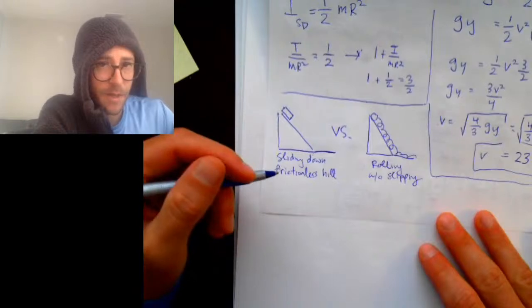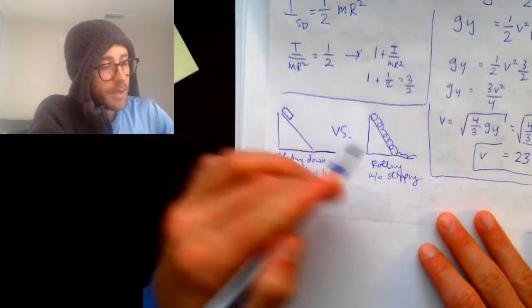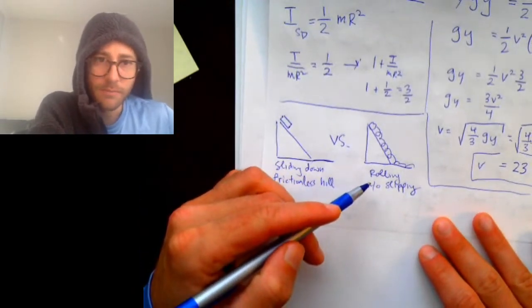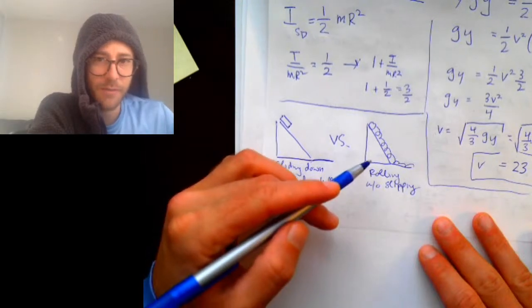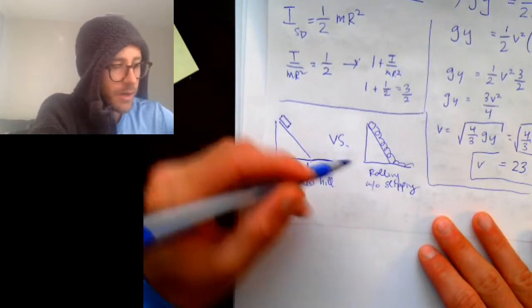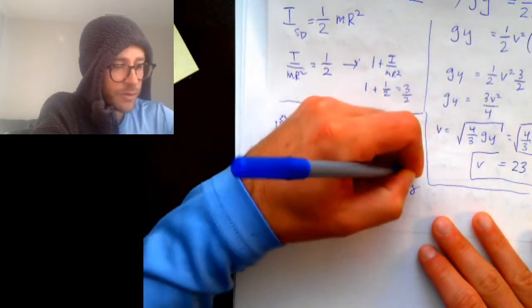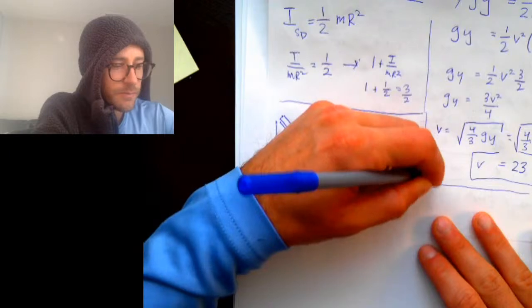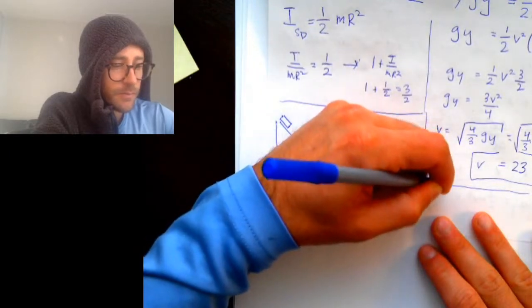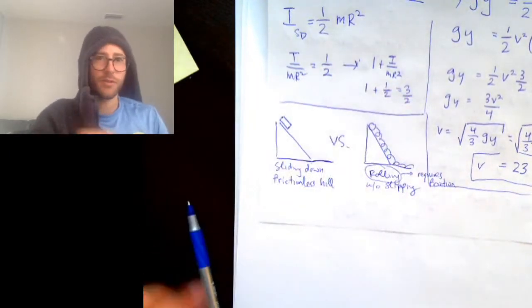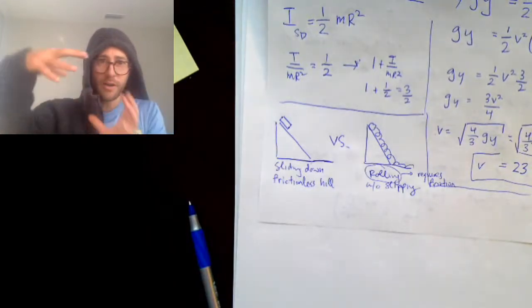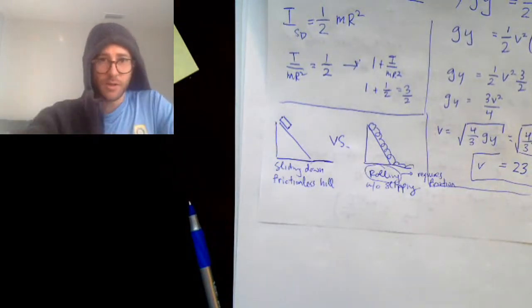Why is that? Well, if you think about it, in order to roll, you have to have friction. Rolling requires friction. Because if something is rolling, what would start its turn?